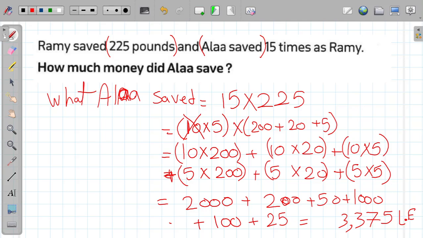Then we used the distributive property in multiplication, and we linked them together and used them in solving word problems. I hope you understood our lesson today. I hope that you solve a lot of problems and exercises on this lesson so that you can understand more.